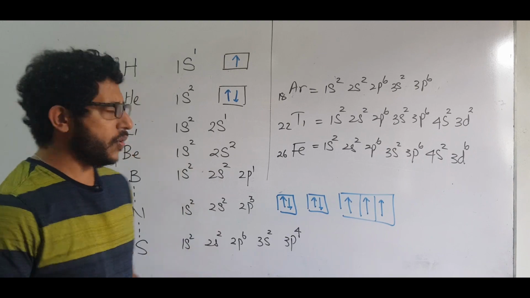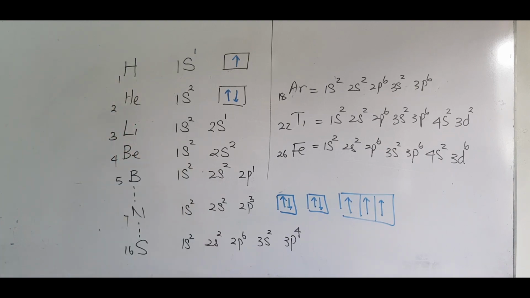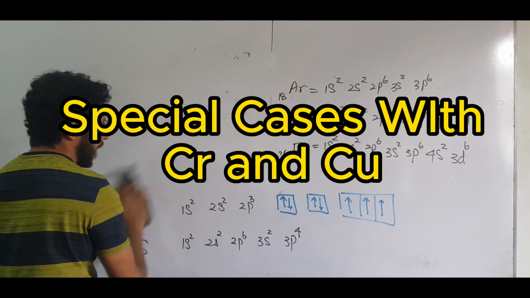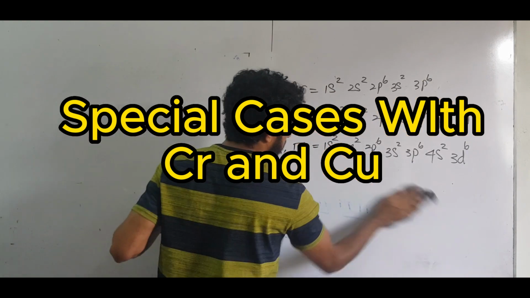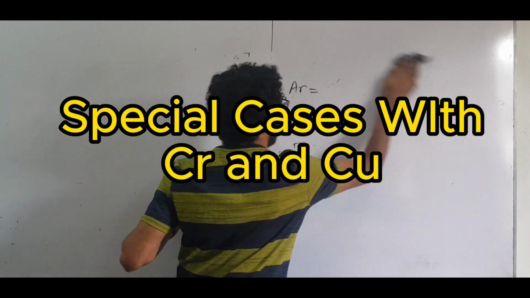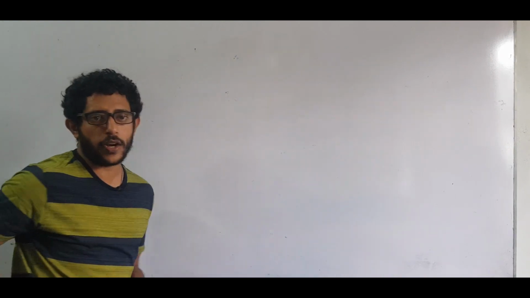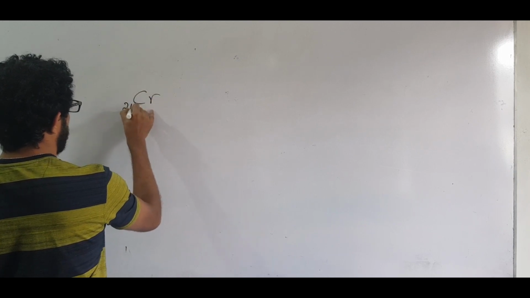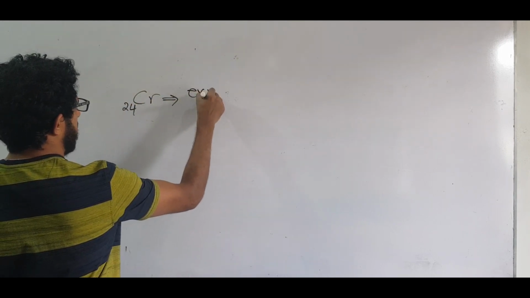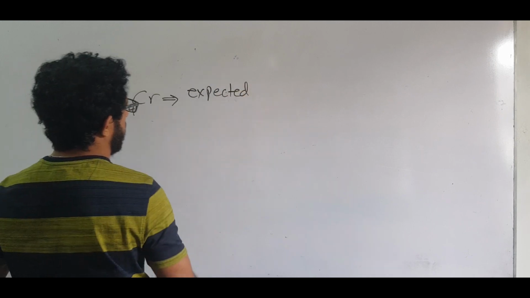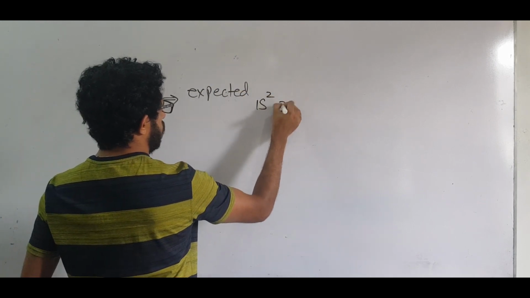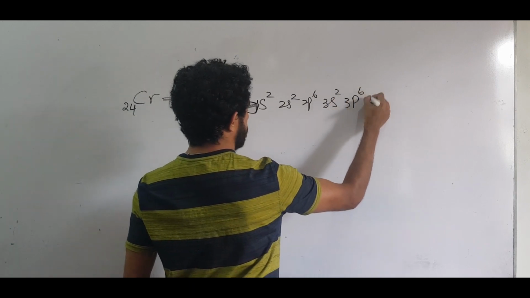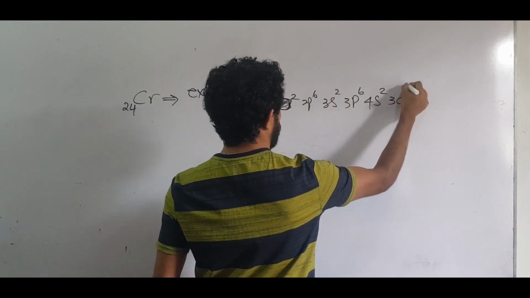Now that's how we normally write the electronic configuration, but there are special cases for chromium and copper. So let's see what that is, the special case of the electronic configuration for chromium and copper. For chromium 24, our expected electronic configuration is like this: 1s2, 2s2, 2p6, 3s2, 3p6, 4s2, 3d4.